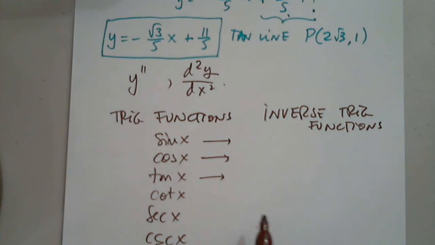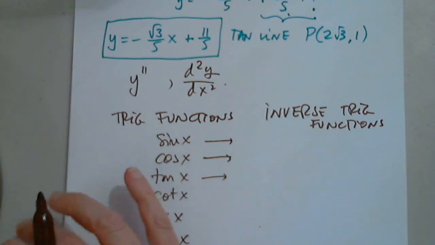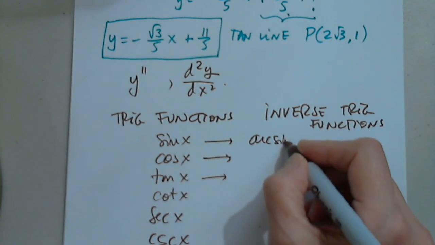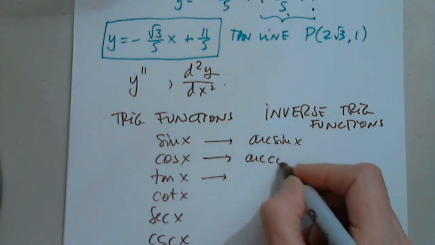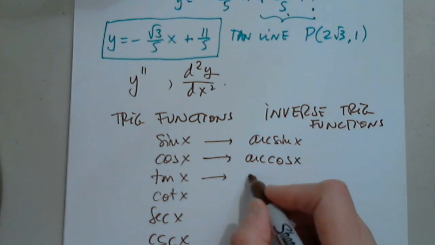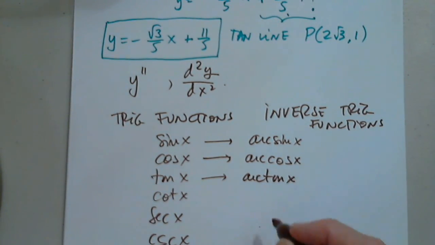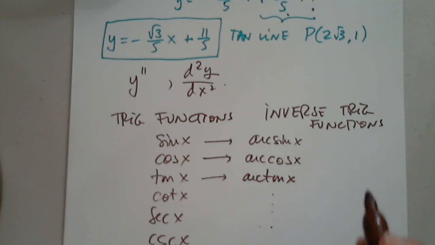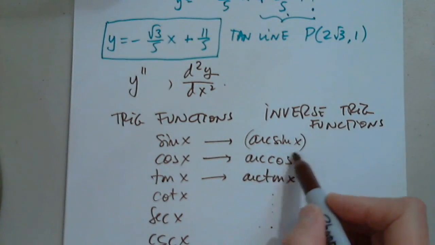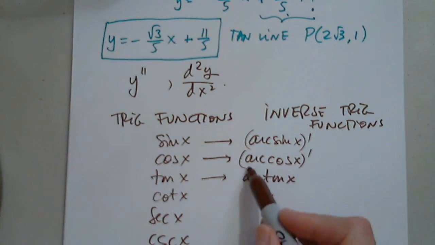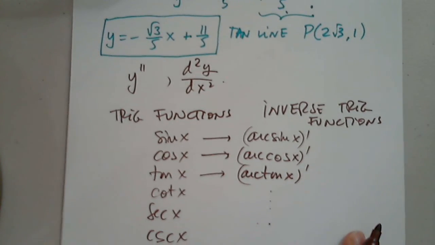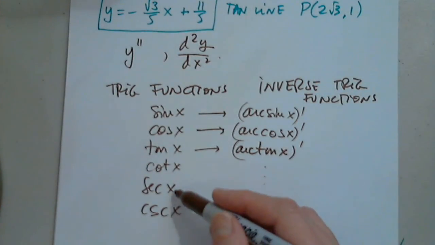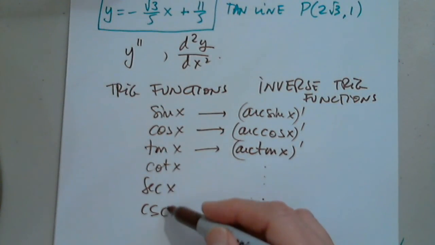And the inverses also have derivatives, of course. So this will be arc sine, arc cosine, arc tangent. I'm not going to continue because I only want you to remember just these three derivatives. The rest, if we need anything, we're going to use the formulas.